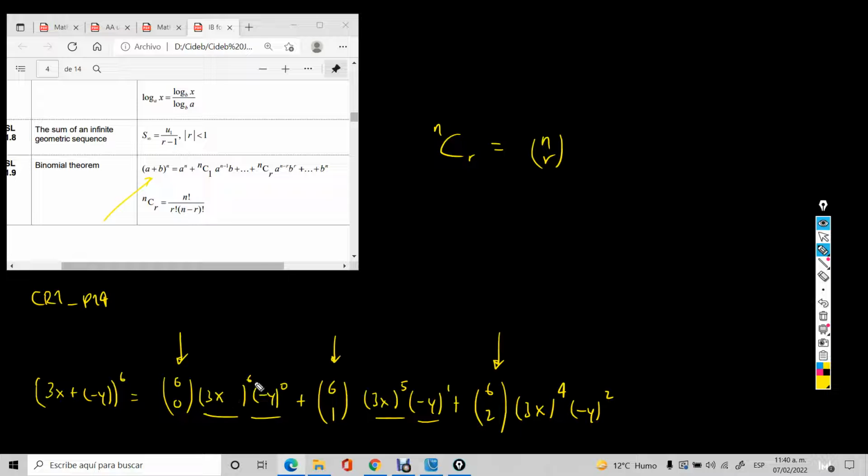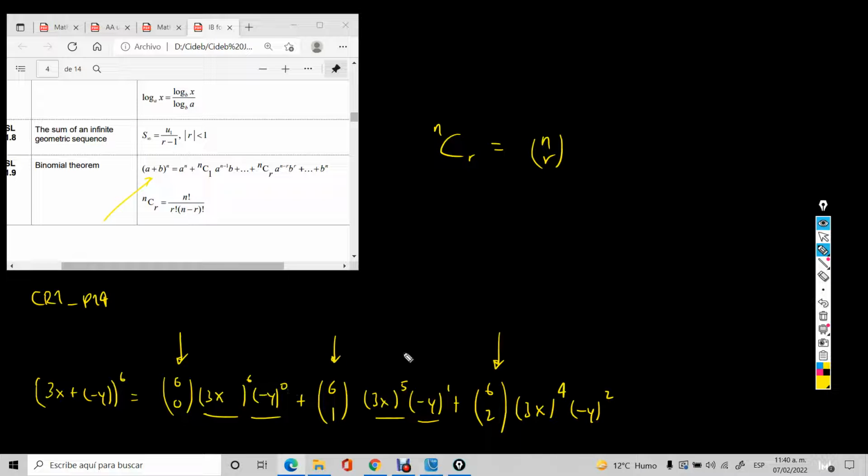You begin the first one at the exponent, which is here, and the other one at 0, and then the exponents for the first one decrease. 3x to the 6, 3x to the 5, 3x to the 4, and so on. And the exponents for the second number, which is minus y, go up.